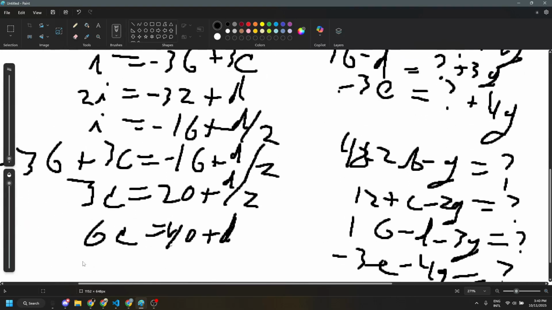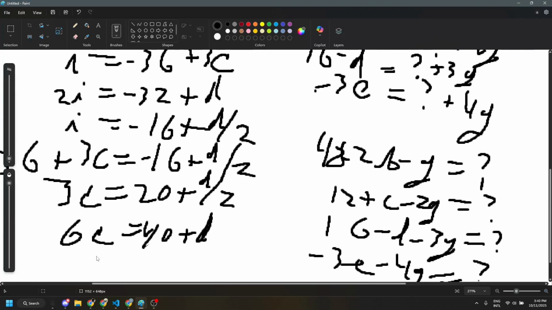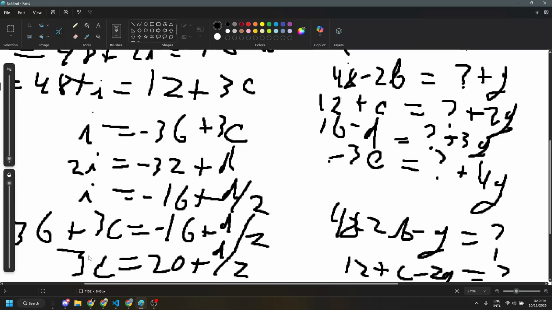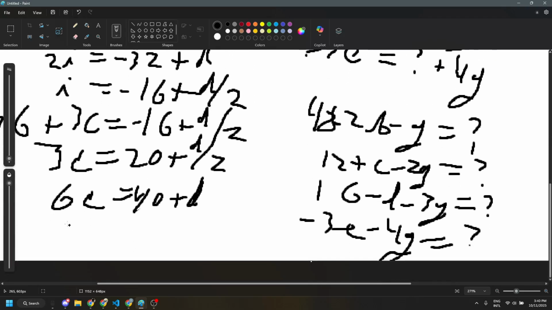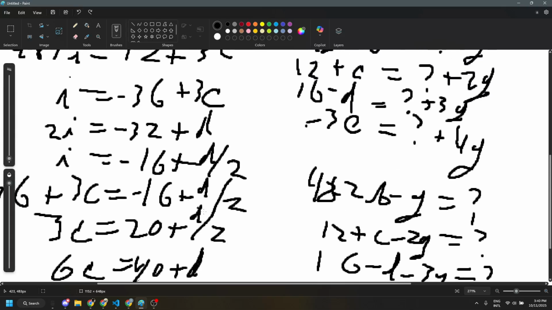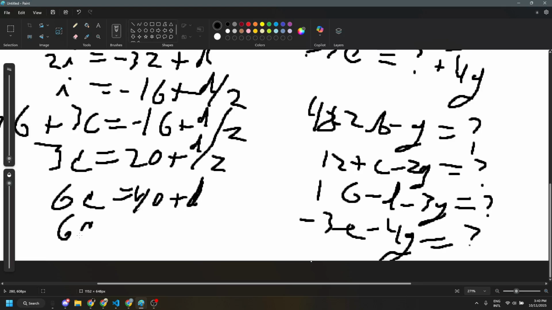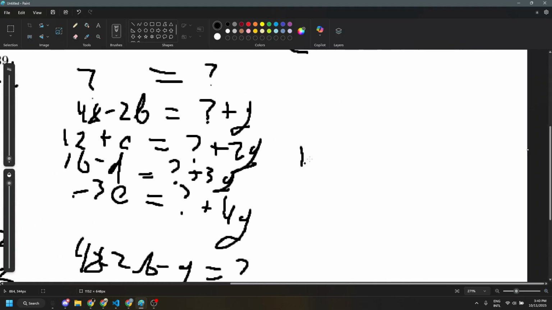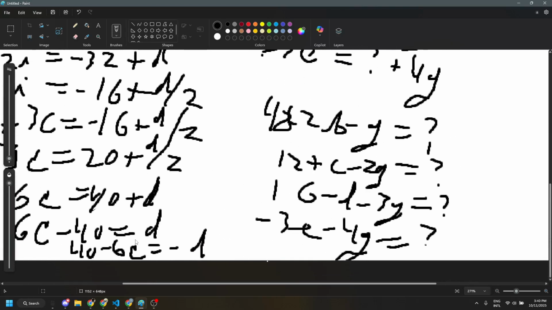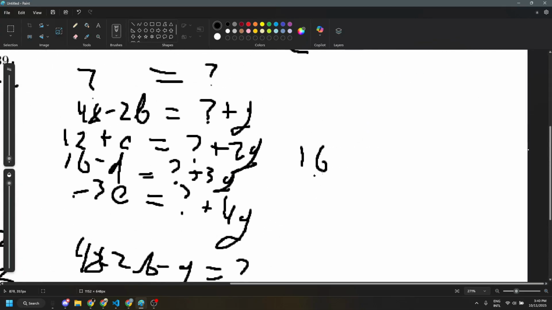So 16 minus D, let's just solve for D. 6C minus 40 is equal to D, so 40 minus 6C is equal to negative D. So we have 16 plus 40 minus 6C, right, is equal to question mark plus 3G.